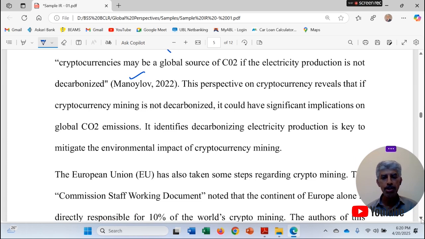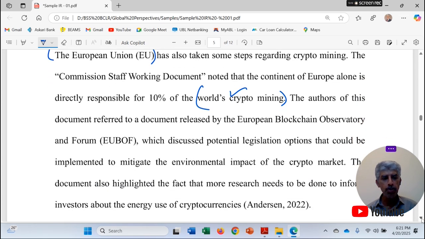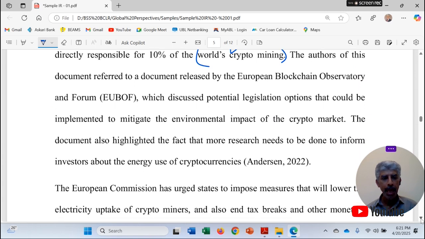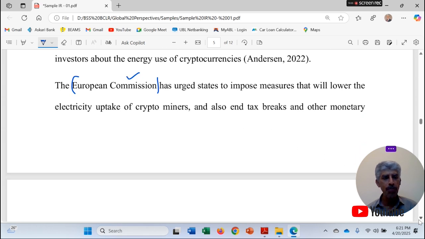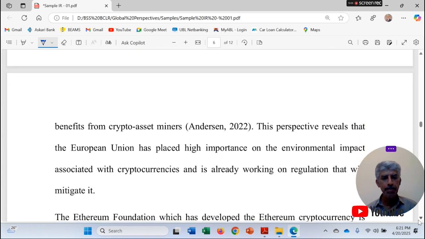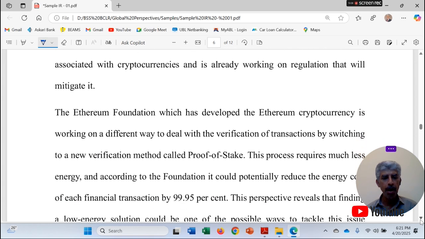So whatever is explained should be related to the whole of the world rather than to a particular country or some smaller region. Here you can see another one, the European Union's perspective given over here, again towards the world's crypto mining. So again the global perspective is explained over here, and the European Commission has urged on the same issue, and again another perspective is given which is related to the whole of the world.